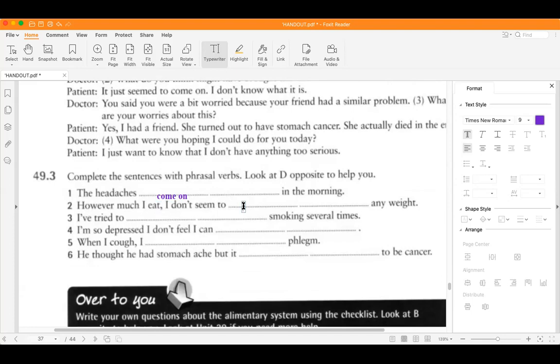However much I eat, I don't seem to put on any weight. I've tried to stop smoking several times, so I try to give up. I'm so depressed, I don't feel I can carry on, continue. When I cough, I bring up phlegm.